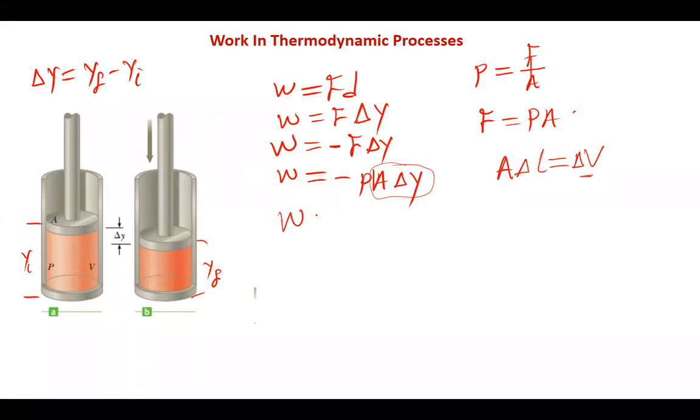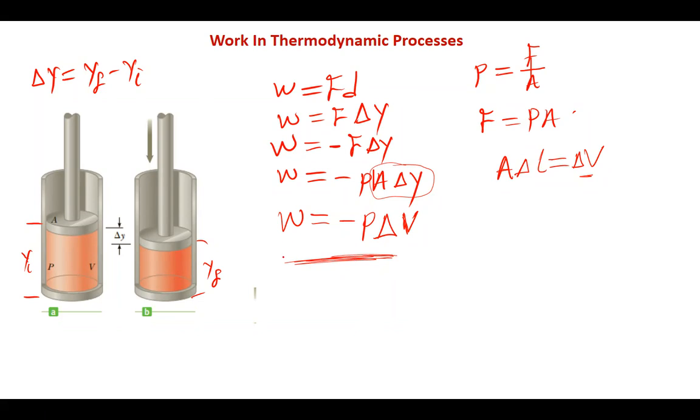The work in thermodynamics will simply be given by negative P times the change in volume. This is the formula for work that we'll always be using in thermodynamics.